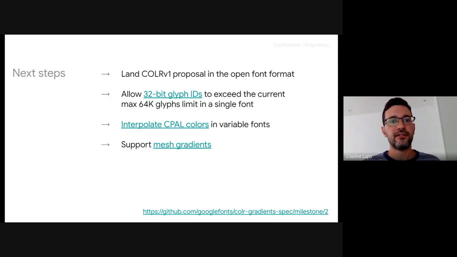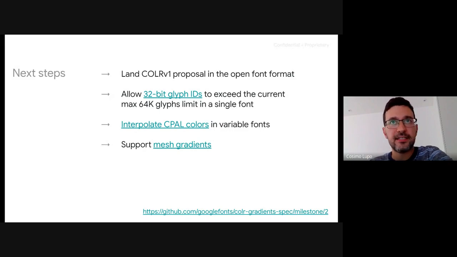Then another thing we would like to do after is allow interpolating colors at runtime, the same way we do with outlines for variable fonts. But this is not trivial. I mean, it is an already solved problem. We just have to put it in the spec. We will have to convert between different color spaces to allow linear interpolation of colors.